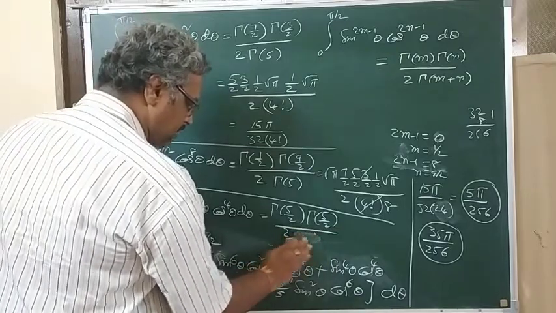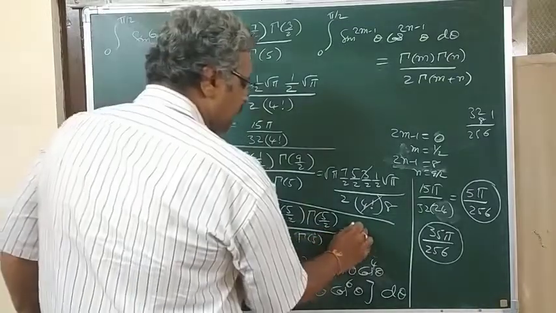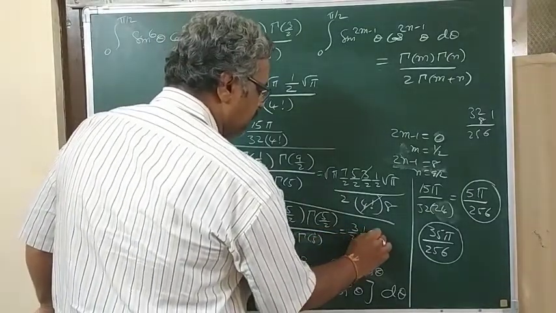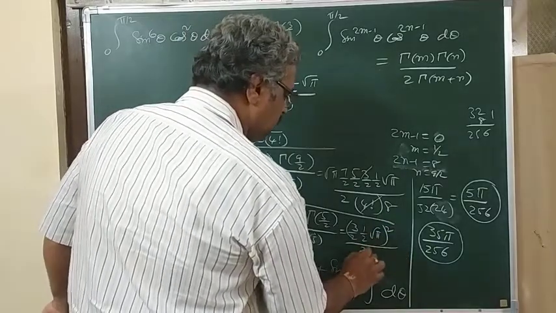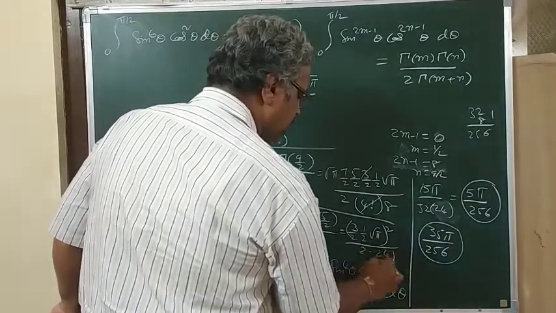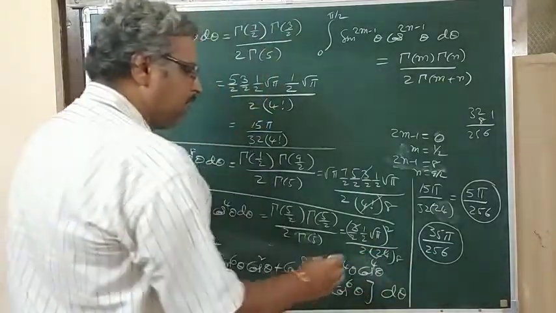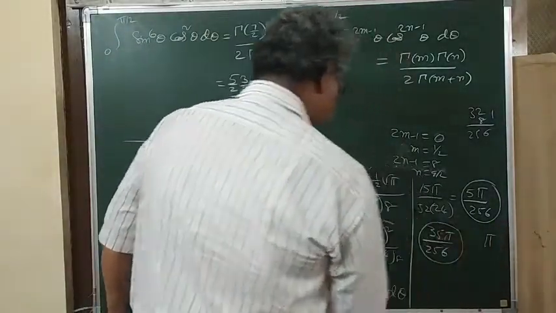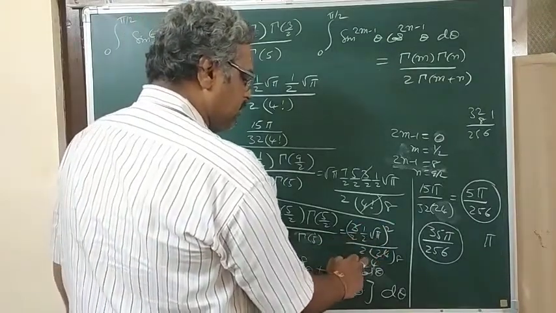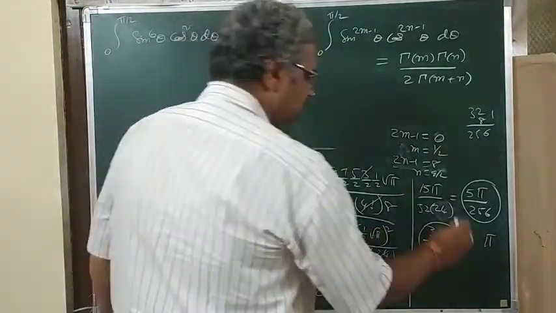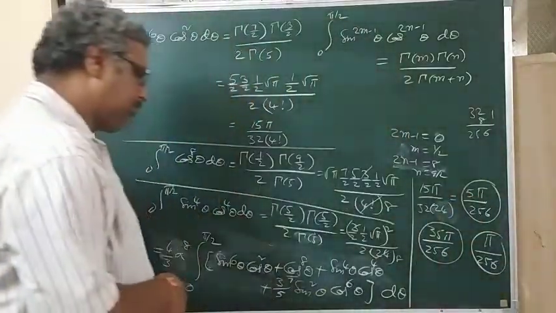Gamma 5 by 2 is nothing but 3 by 2 into 1 by 2 into root pi, whole square by 2 into 24. Here 3 cancel. So pi, 4 power the 16, 16s are 256. The third value is also pi by 256.